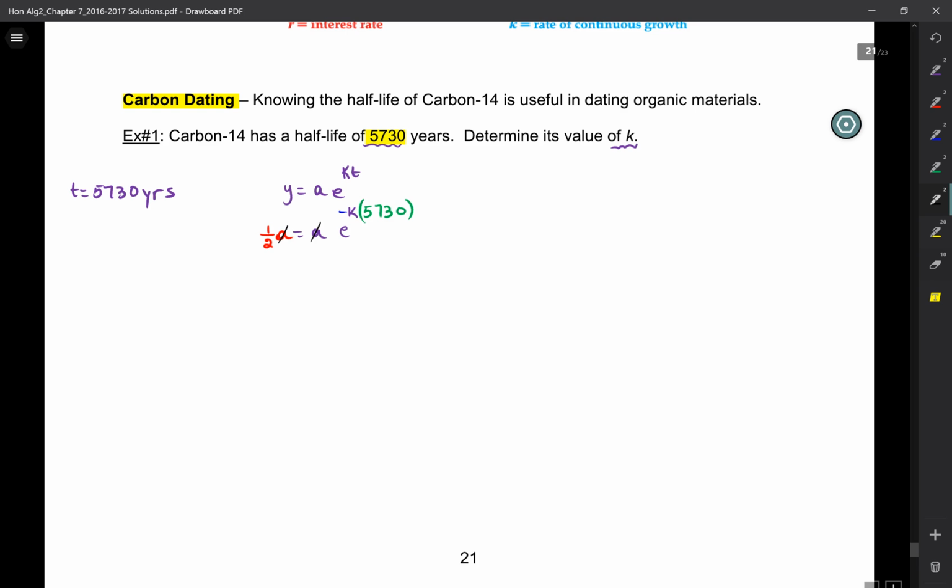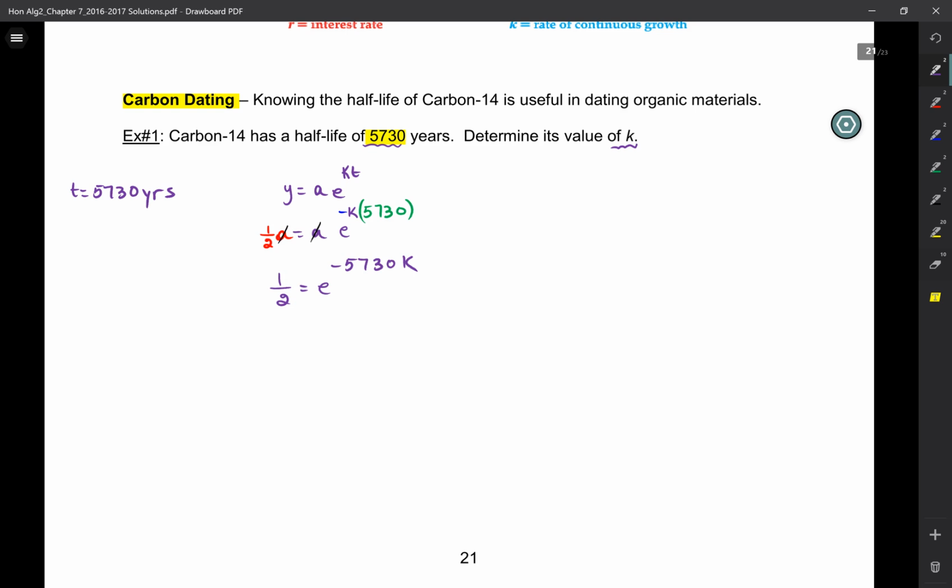You can divide both sides by A and the A's just go away. So now I have 1/2 is equal to e to the negative 5,730k, right? So now, can I write this as an ln?